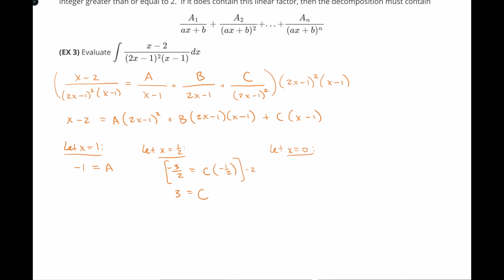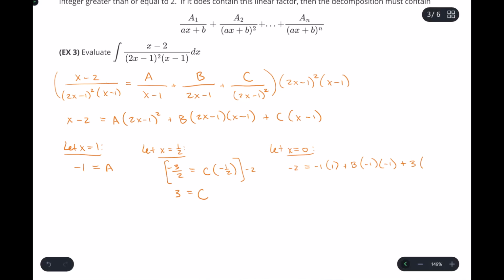So if x is 0, this would be negative 2, and then a is negative 1, so then that's times 2 times 0 minus 1. So that's negative 1, but then it's squared, so it becomes positive 1. b, we don't know. But then we have 2 times 0 minus 1, which is negative 1, and then 0 minus 1, which is also negative 1, plus c, we know to be 3, and 0 minus 1 is negative 1.